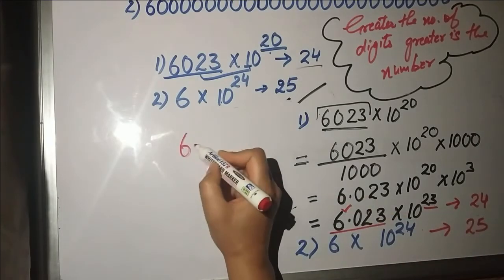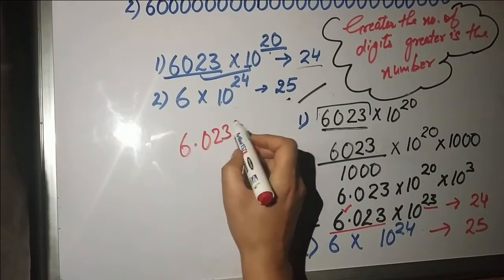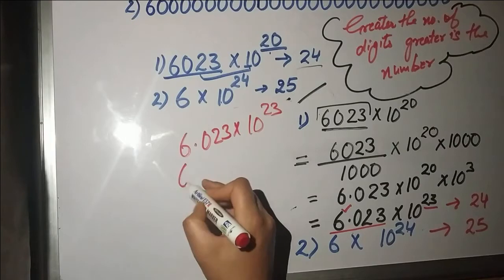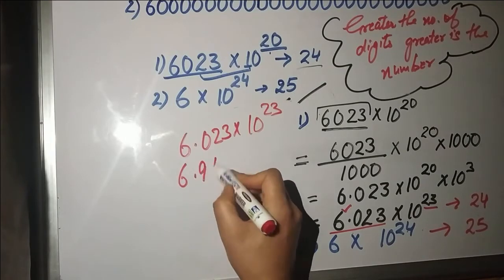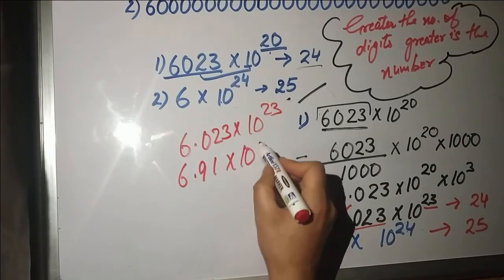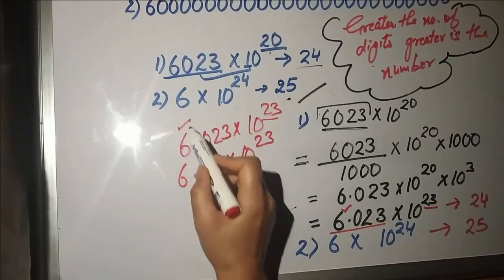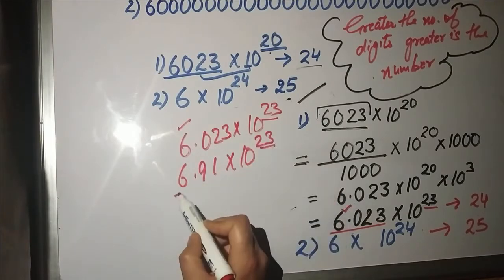If we have the numbers 6.023 into 10 raised to power 23 and 6.91 into 10 raised to power 23, how will we compare the numbers? First of all, this is 23 and 1, this is 24, and this is 23 and 1, also 24.